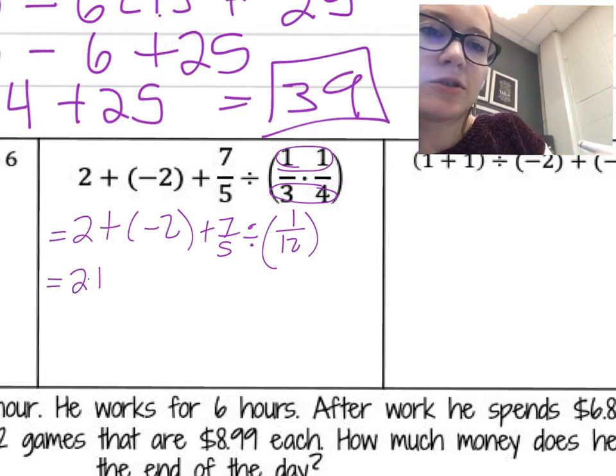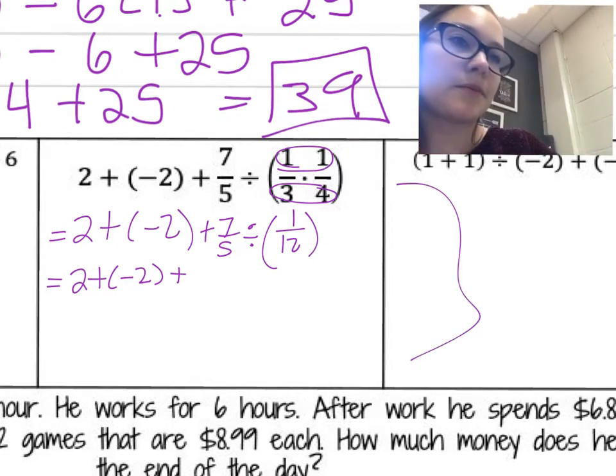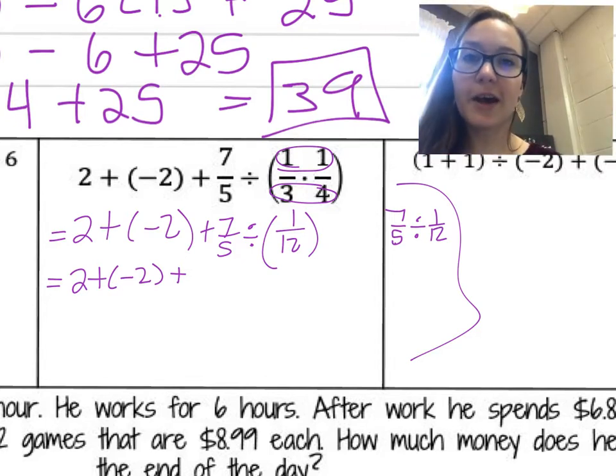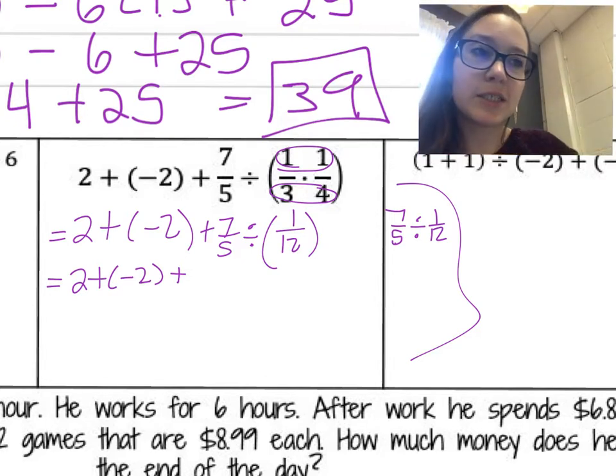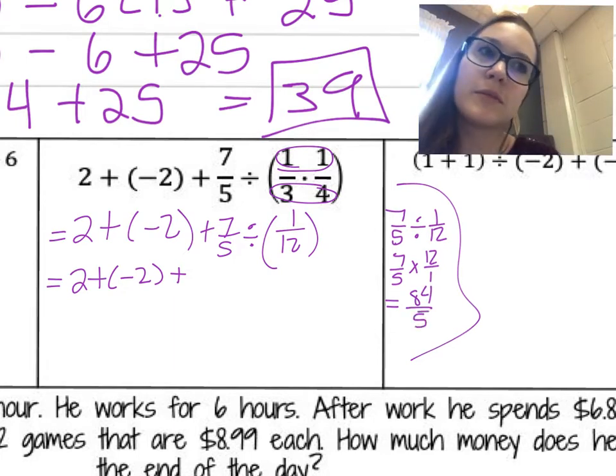So this is 2 plus negative 2 plus, I'm going to write him over here and then erase him in a minute. So we have 7 over 5 divided by 1 over 12. To divide fractions, you multiply by the reciprocal. So 7 over 5 times 12 over 1. 7 times 12 is 84 over 5.